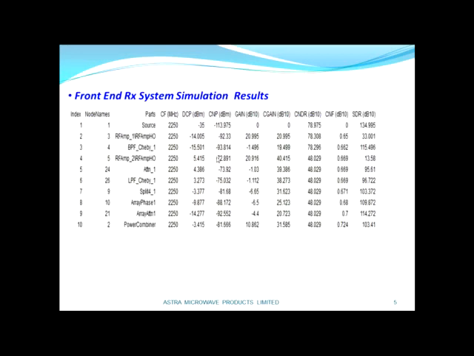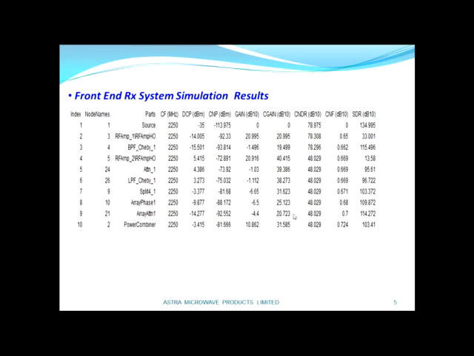When I entered this and ran the simulation, as you can see, the cascaded noise figure has come as 0.7 dB, and the cascaded gain is 20.723.